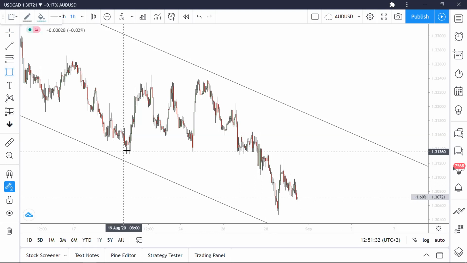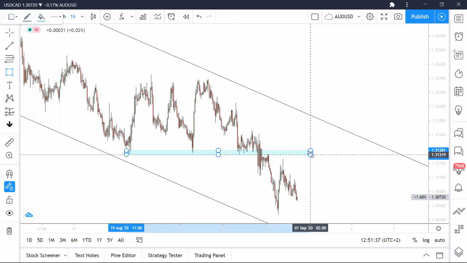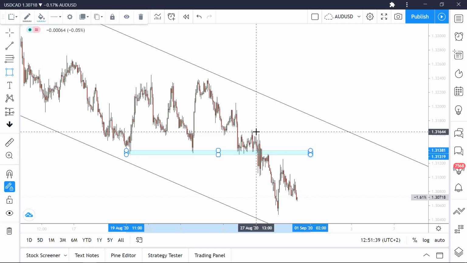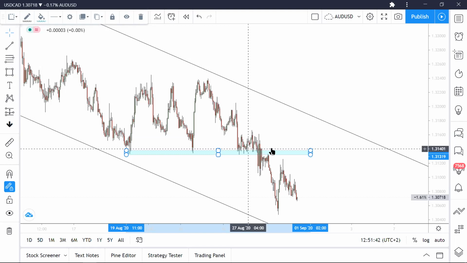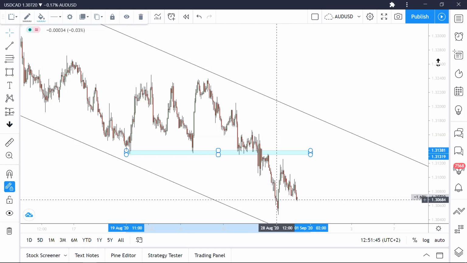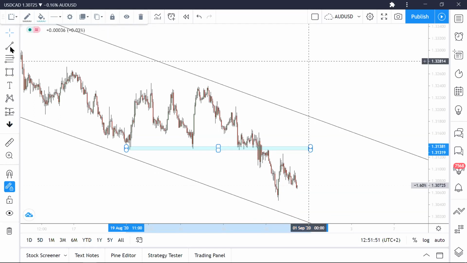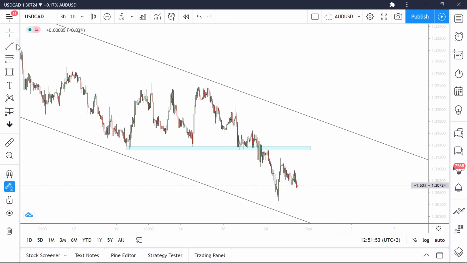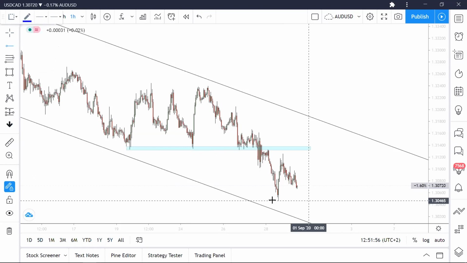Recall that I was looking for price to bounce off of this support, but price just had a small consolidation here, then broke right through, came back to retest it and continued making its way down. So what I am looking for now on the USD CAD is potential upside, considering the DXY that we were looking at as well.